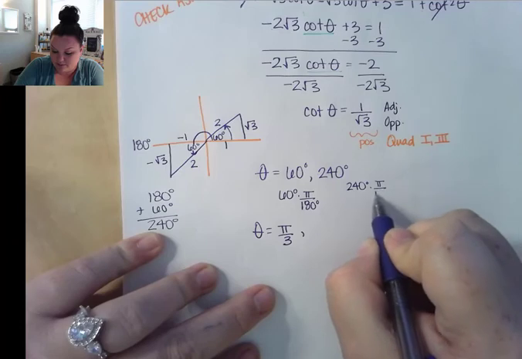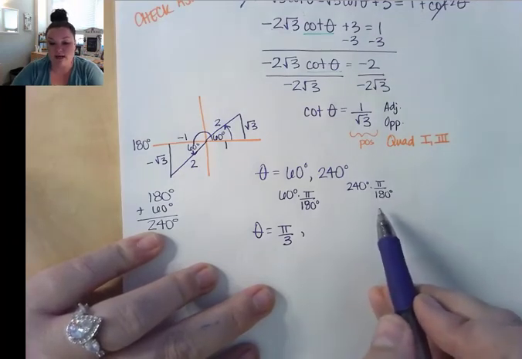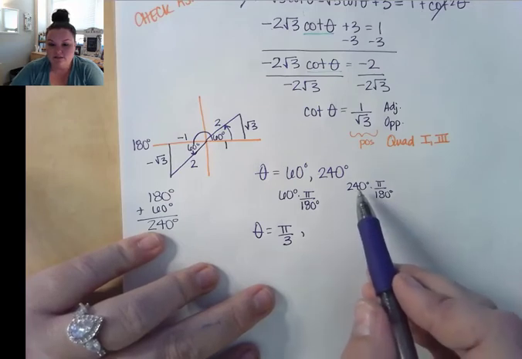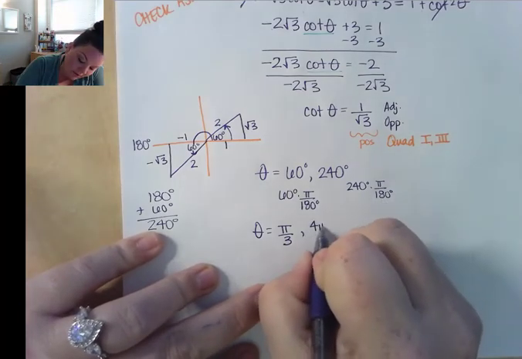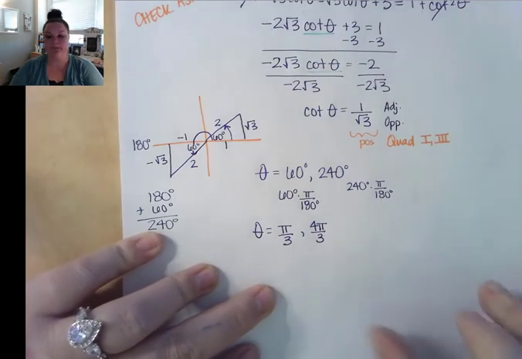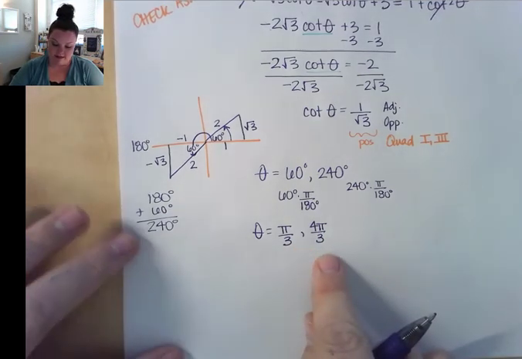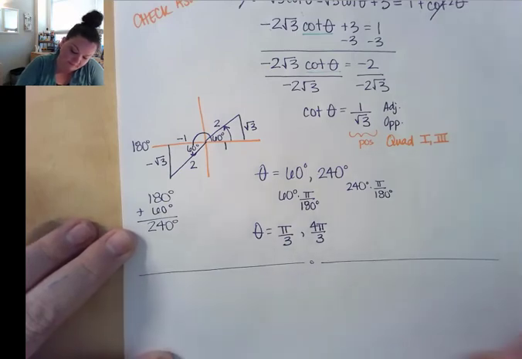I'm going to multiply it by pi over 180. And both of these are reducible by, what, 60? So 60 goes into this 4 times, 60 goes into that 3 times, so I end up with 4 pi over 3. Okay. All right, so these are my 2 potential answers, but now I need to check. Okay, so I'm just going to put a line down here.